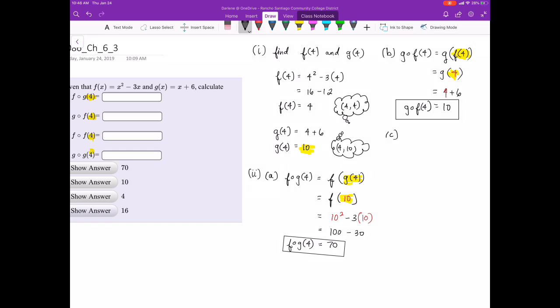So moving on, if I went to C, which is f composed of f of 4, by definition, this is f of f of 4.